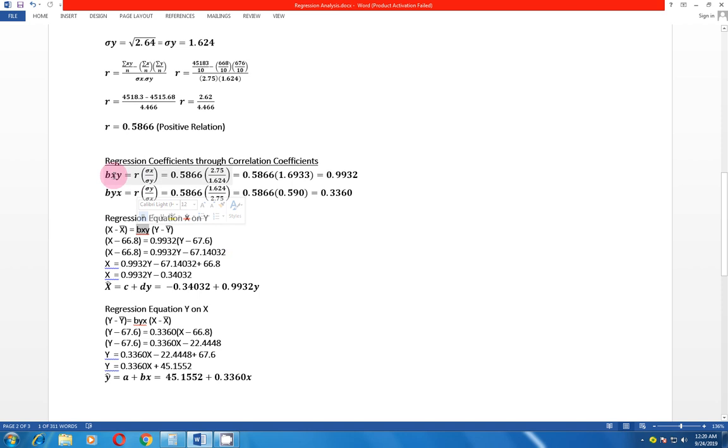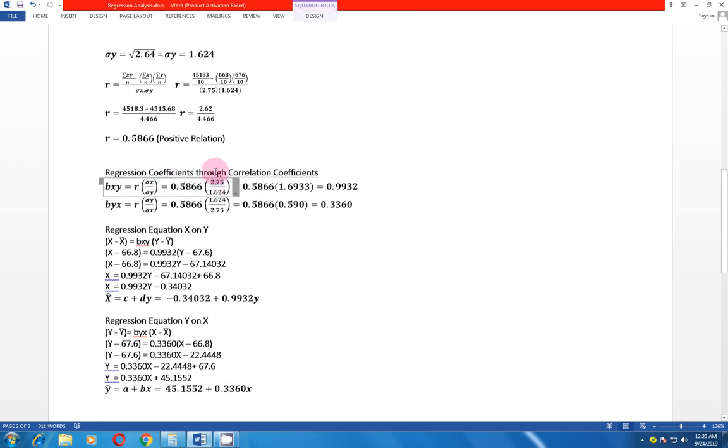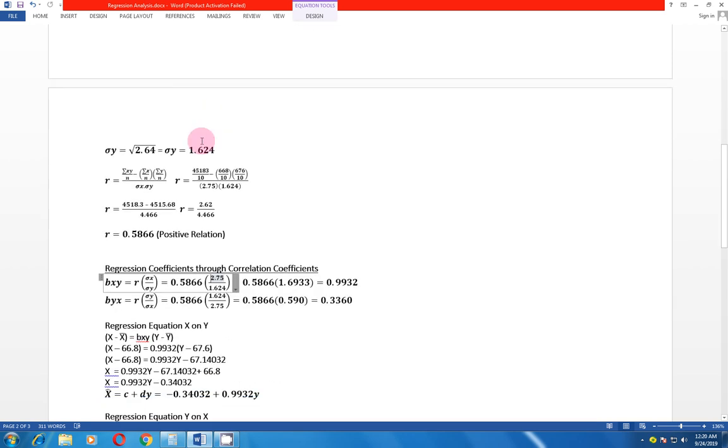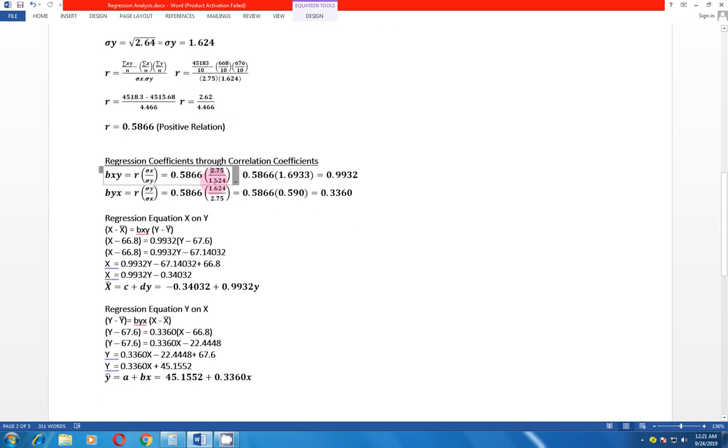What is beta x on y? X depends on y. Beta is the regression coefficient. According to the formula, it is always the correlation coefficient multiplied by standard deviation of x and standard deviation of y. After putting the values, the correlation coefficient is 0.5866, the standard deviation of x is 2.75, which we calculated above, and the standard deviation of y is 1.624. After putting the values, we get the answer 0.9932.